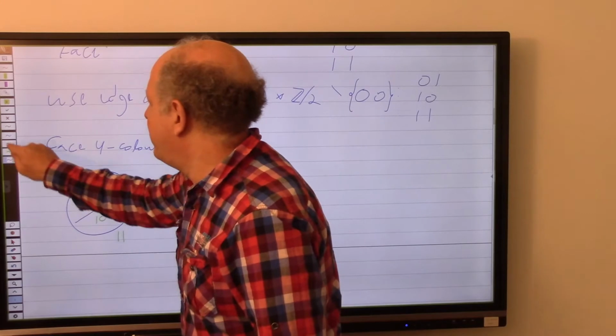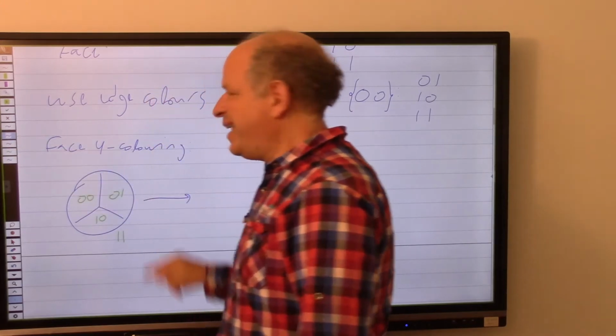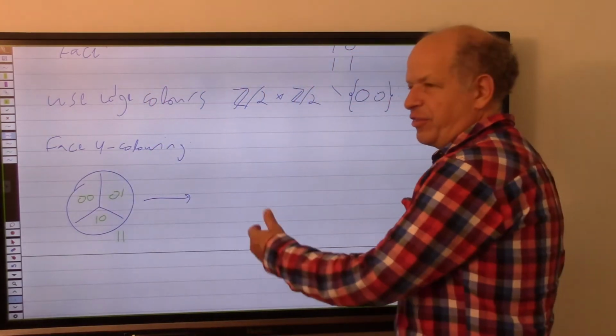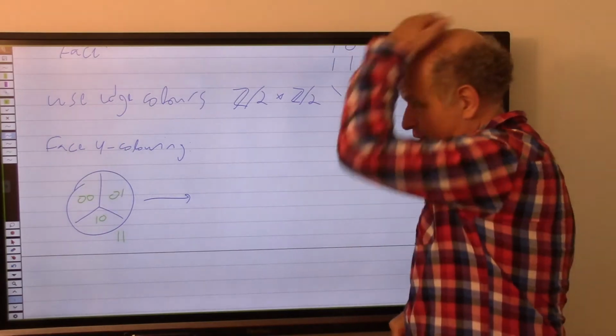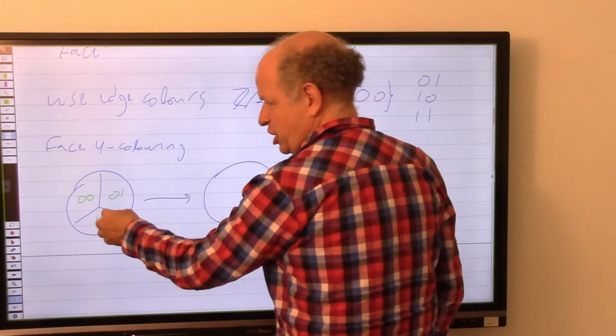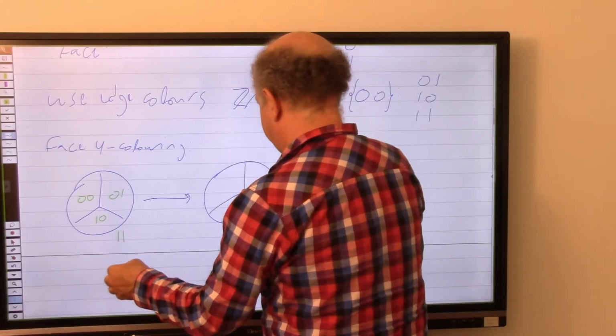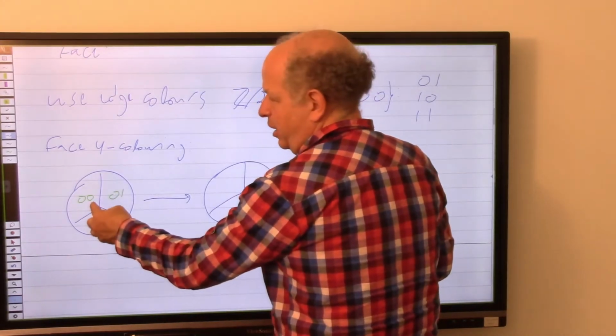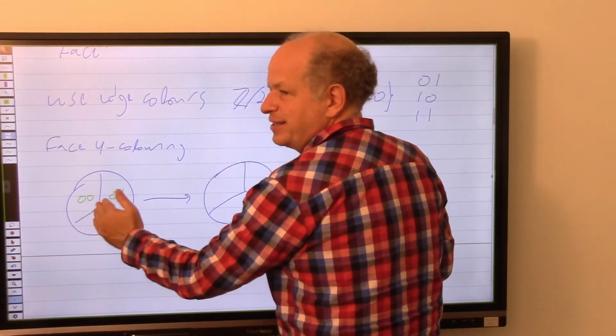Then you can map it to an edge 3 coloring by mapping every edge to the difference of the 2 faces next to it.